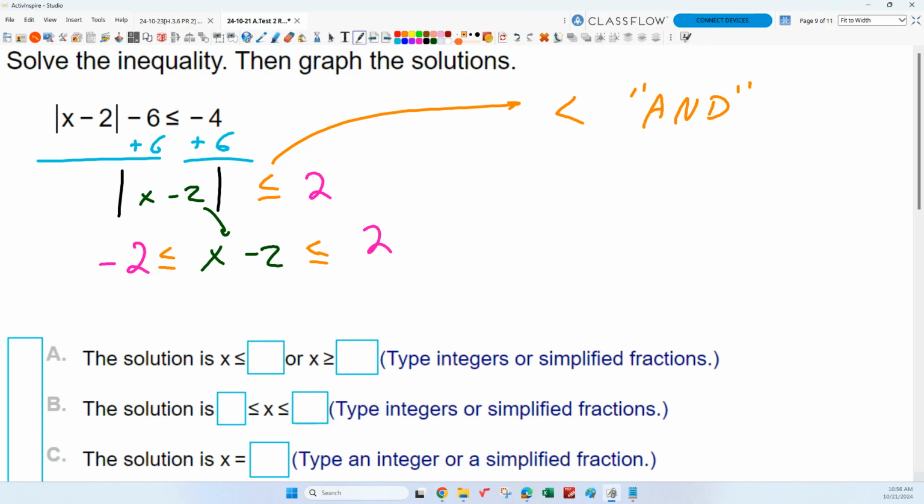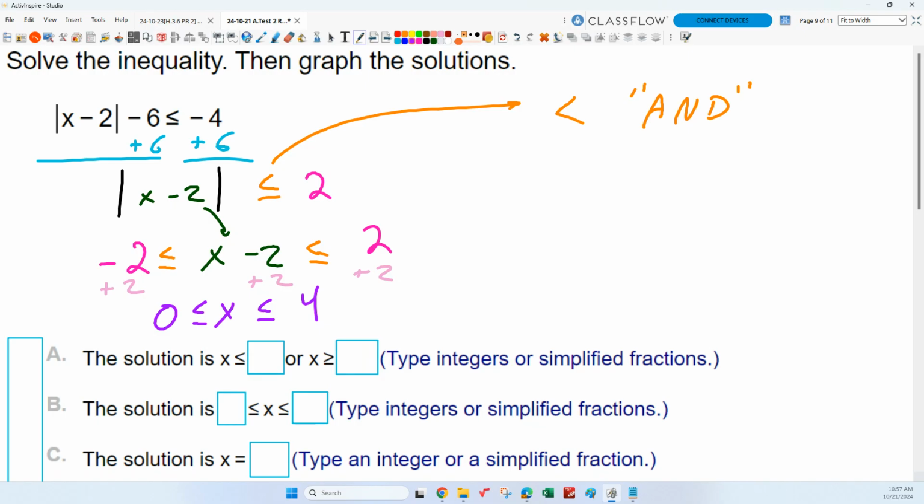Add 2. Good. Okay, so if we add 2 to all parts, we end up getting x in the middle is greater than or equal to what? Negative 2 plus 2 is? What's negative 2 plus 2? 0. Okay, good. And then on the right, we get positive 4.